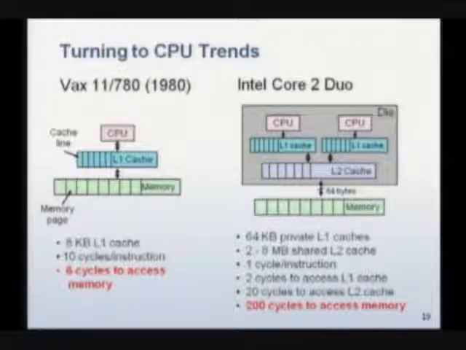The processor runs about 1 cycle per instruction because it's doing all this out-of-order stuff that the architects love to do. It's 2 cycles to access the L1 cache. It's 20 cycles to access the L2 cache. And memory is out like in Peoria. Memory is 200 cycles away from the processor. And you can only run really effectively if you use those L1 and L2 caches and get a lot of hits on those caches.